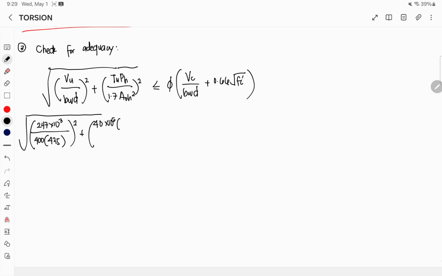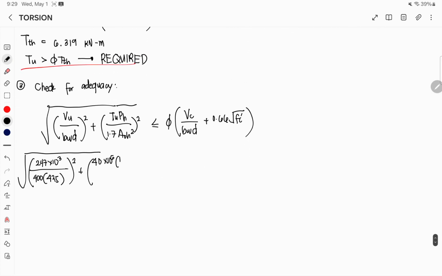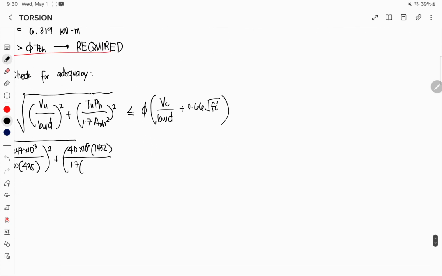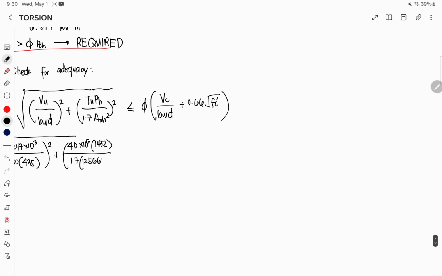For the PH, meron tayong 1432, I think. 1.7 A sub OH, we have 125,664. And then squared. So this would be equal to 2.563.